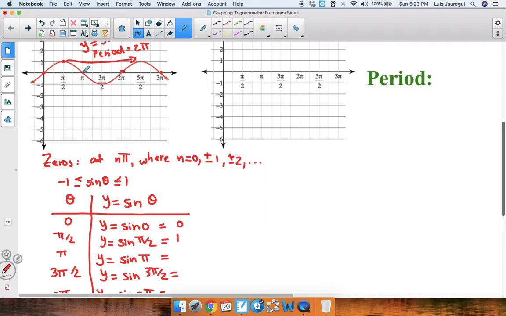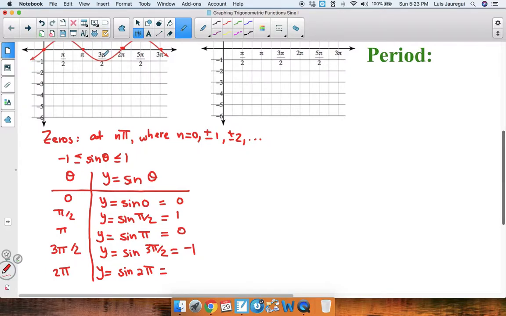Then for theta equals pi, the output value is 0. So we have that sine of pi is 0. Then for theta being 3 pi over 2, we get that the output happens to be -1. So sine of 3 pi over 2 is -1. And lastly, for an input of 2 pi, we get that the output value is 0.